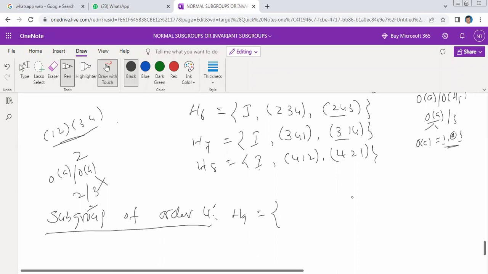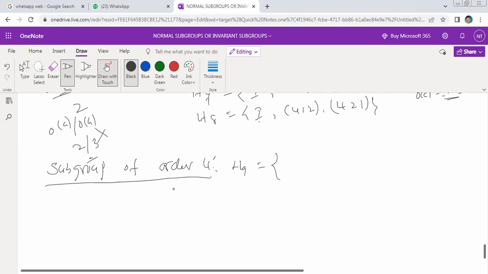Why? For example, when you hear subgroup of order 4, you think of subgroups with elements of length 4, but that is not the case. The order of H9 is equal to 4. According to our definition, order of A divides order of G, which is 4. Order of A divides 4; can you say what the order of A is? This condition is satisfied when the order of A is either 1, 2 or 4.